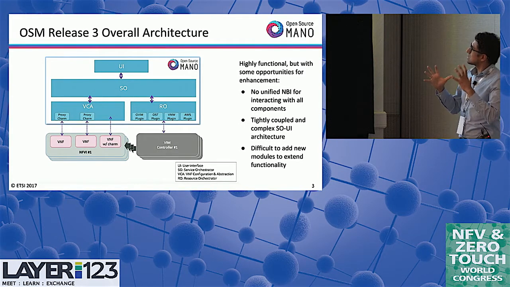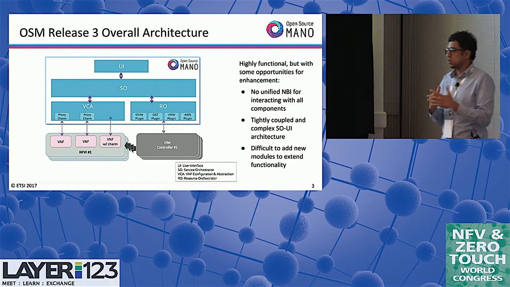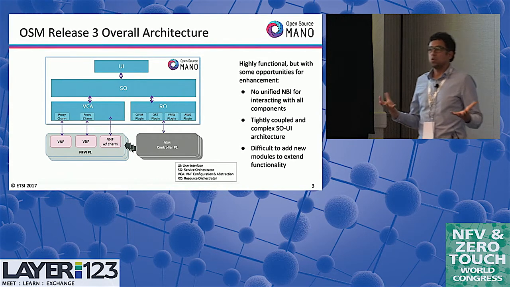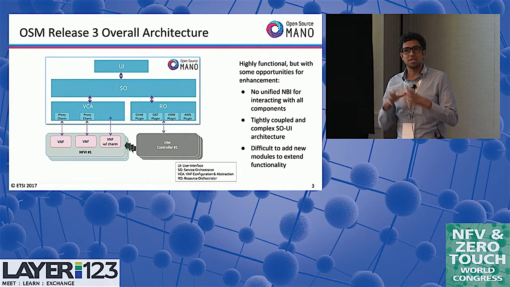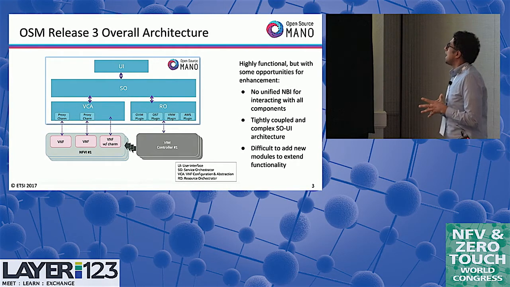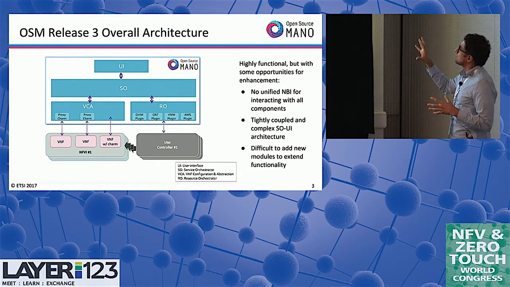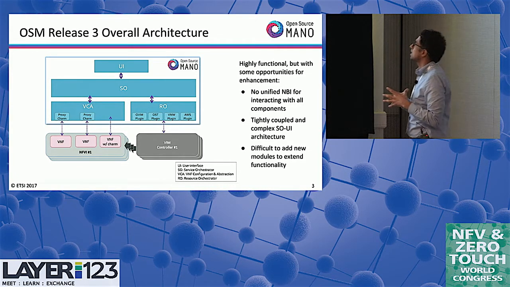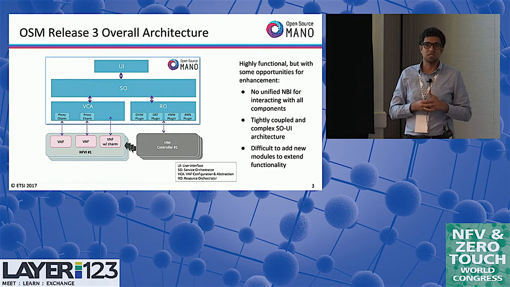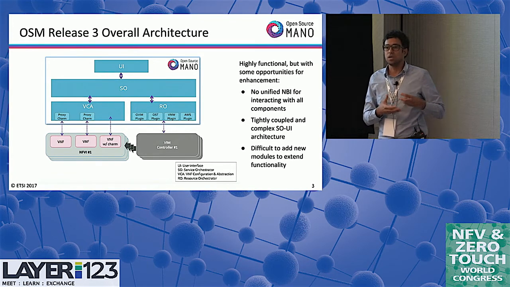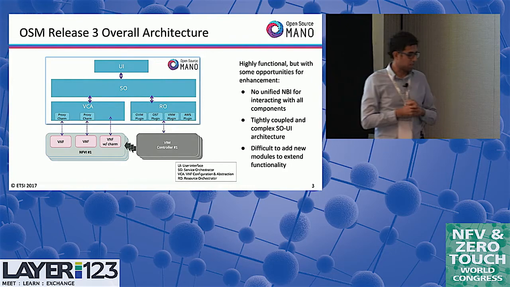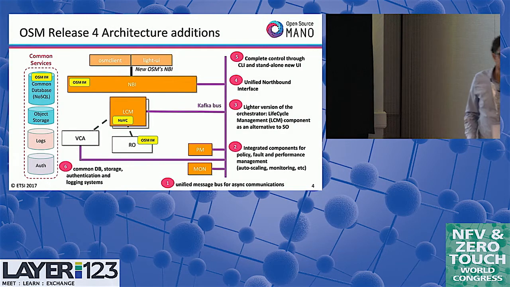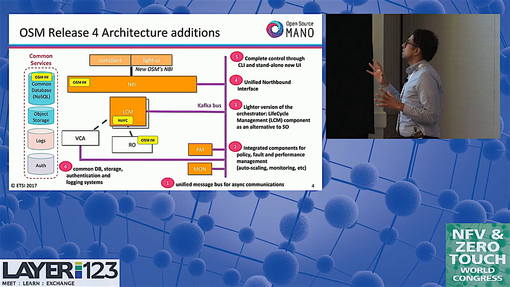And this has become complex to evolve and also to receive more contributions at that model. Also, there's no obvious place to integrate new functionality, like, for example, external models that other contributors would like to integrate. So the changes that we are adding to the release 4 are basically these ones.